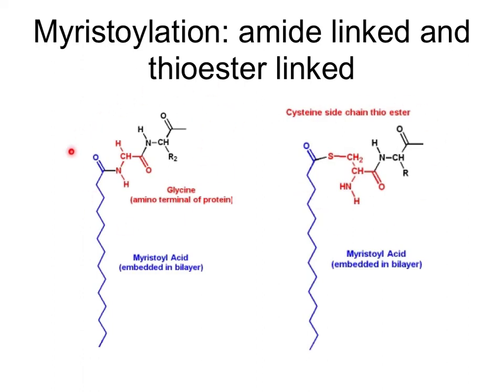In the case of an amide link, myristic acid, which is a 14 carbon chain, may be linked via an amide bond, shown here, to the amino group of the N-terminal glycine residue. In the thioester link, you can see it's using a cysteine, and that cysteine links it as a thioester bond, shown here.